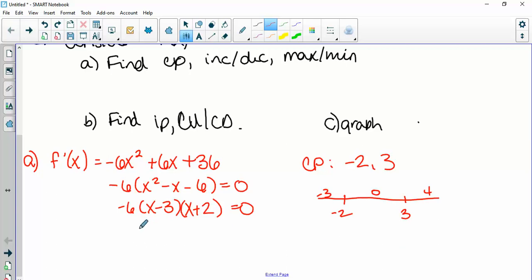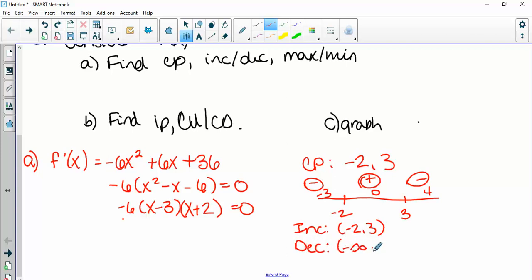The derivative. If I put in -3, I have negative times negative times negative, negative. Put in 0, negative times positive, it's positive. And 4 gives me a negative. So we are increasing from -2 to 3. Decreasing from negative infinity to -2, and 3 to infinity.